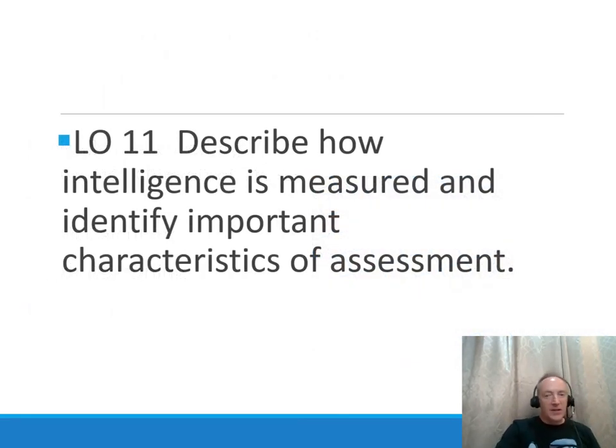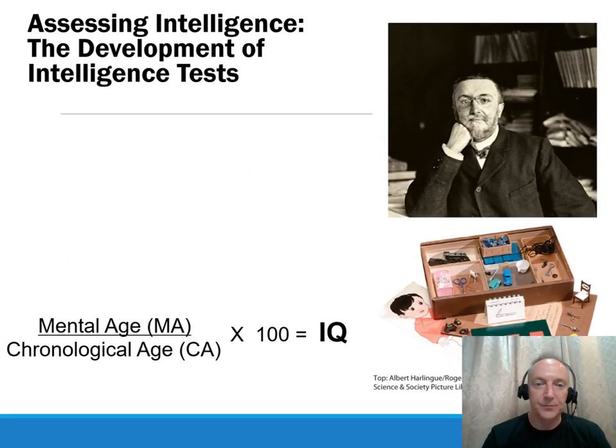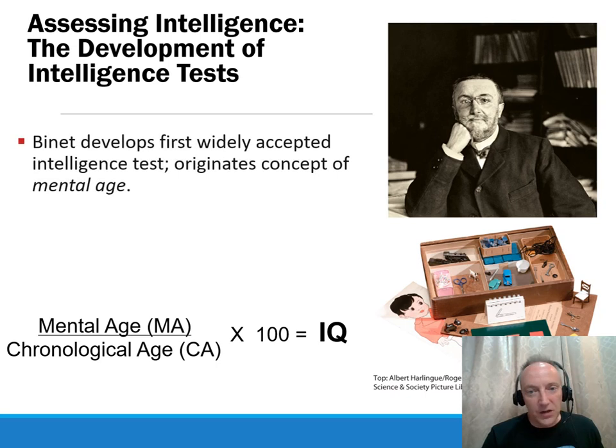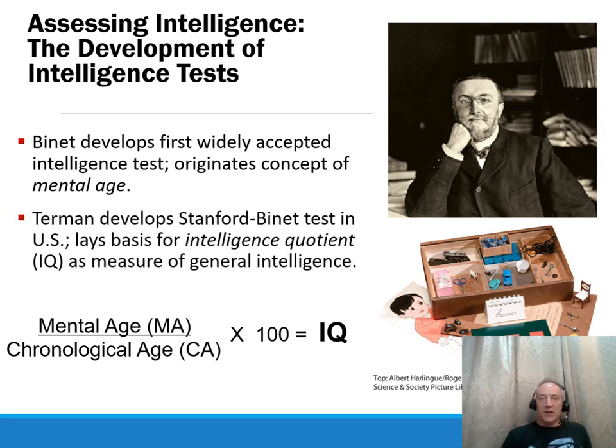All right, so our next objective is to describe how intelligence is measured and important characteristics of a good assessment of intelligence. So it all started with Alfred Binet. He was a psychologist in France who was given the task by the French government of coming up with a way of determining which French school children would benefit from traditional French education and which would need something special.